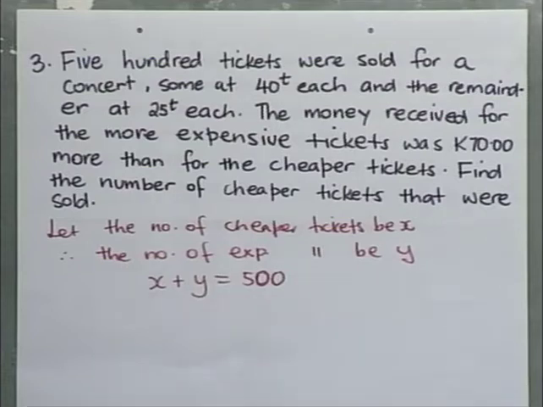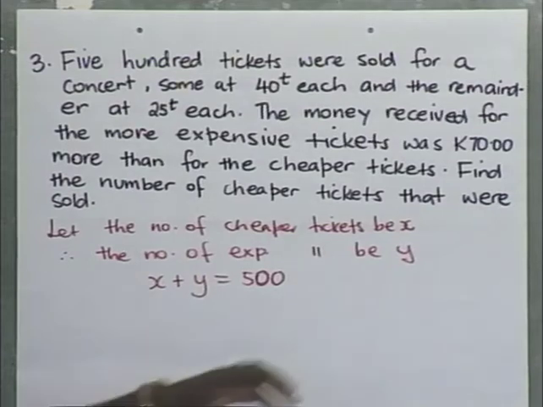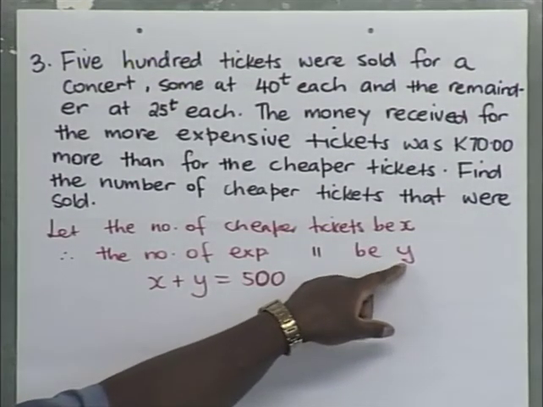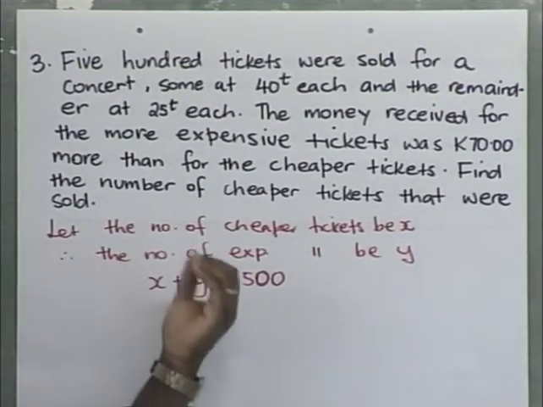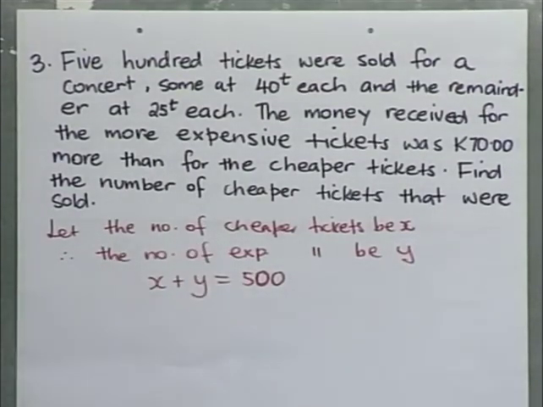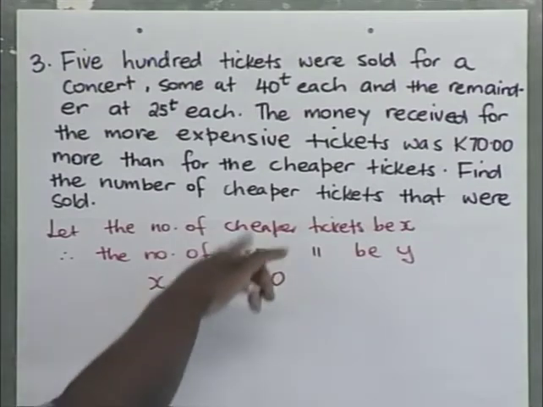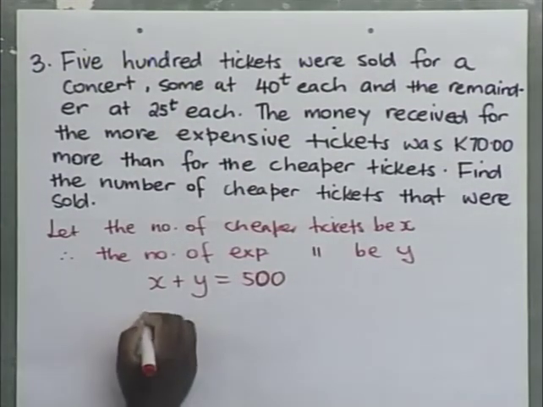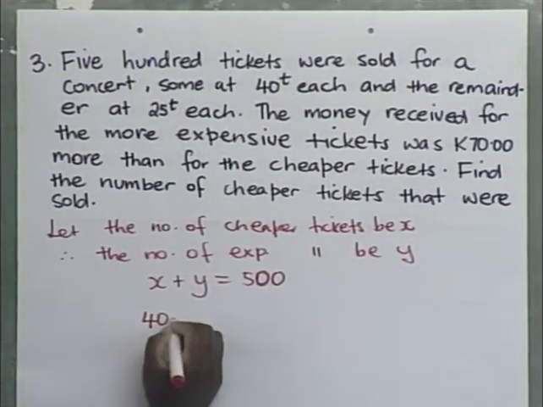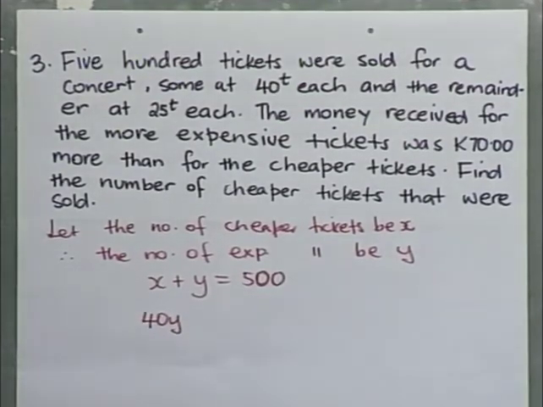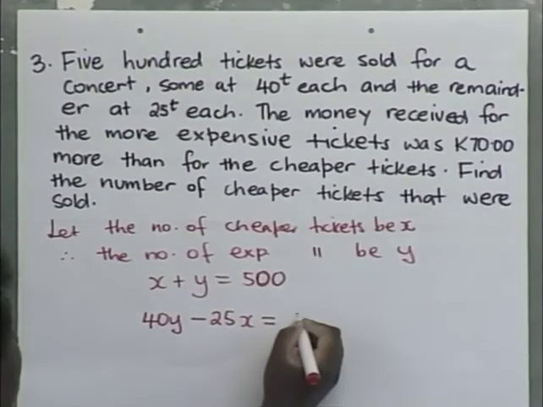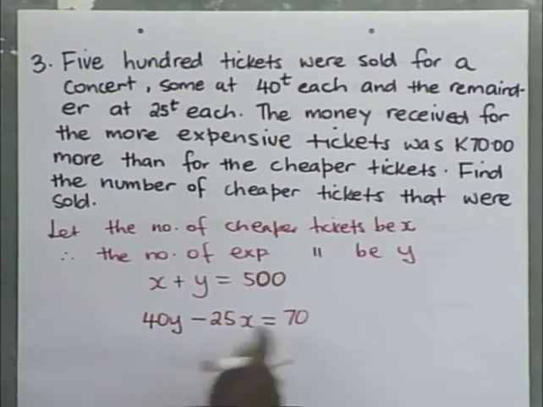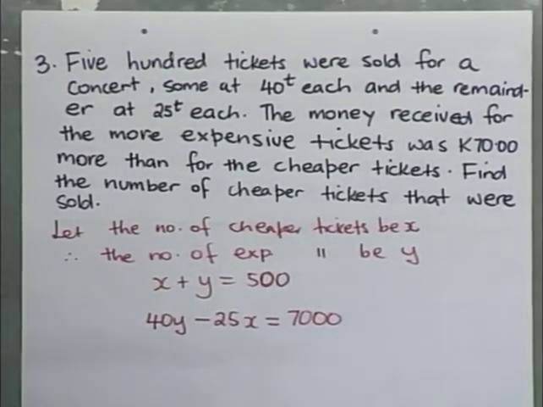We are saying the number of cheaper tickets is X, the number of expensive tickets is Y. So if I sold 20 tickets for 40 toya each, then I'll be getting 40 times 20 for the amount of money. So 40 toya is more expensive than 25 toya, so 40Y minus 25X equals 70 kina, but this is in toya, so I have to change that to toya as well.